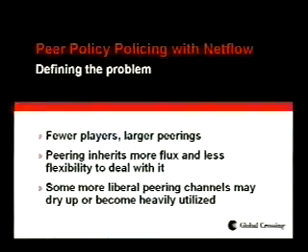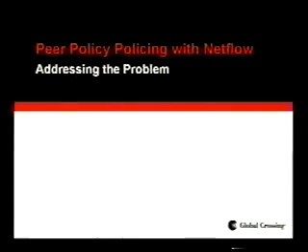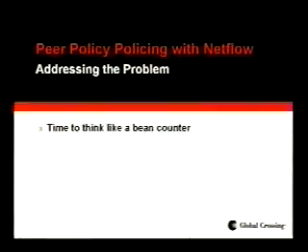And some of the more liberal peering channels, like the NAPs, may dry up or become heavily utilized, again, if only due to capital expenditure constraints. Again, these conditions become prime for uncouth congestion mitigation, customers dumping traffic on, or peers dumping traffic on your network.